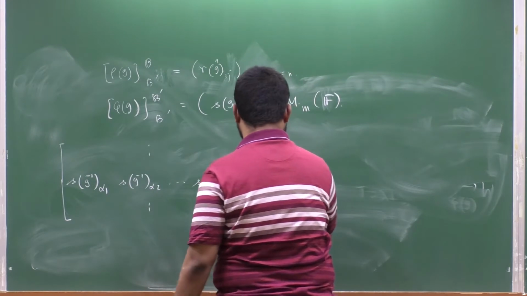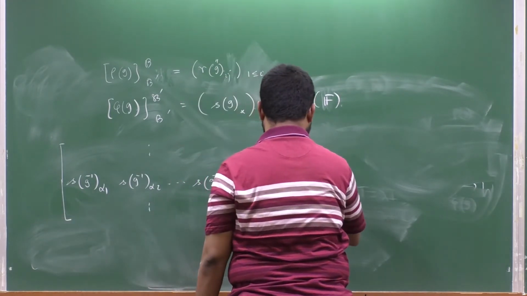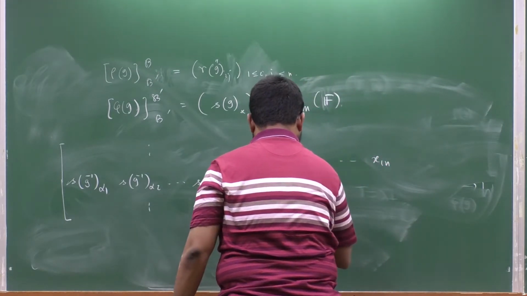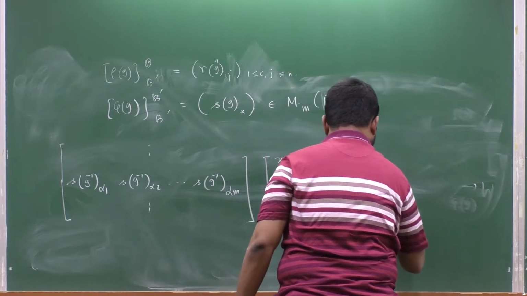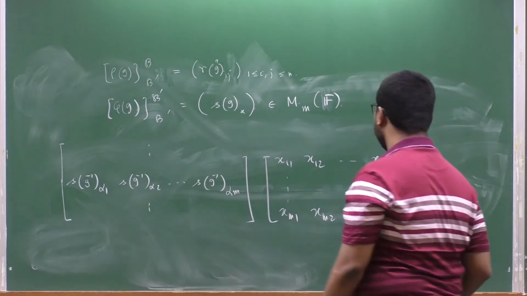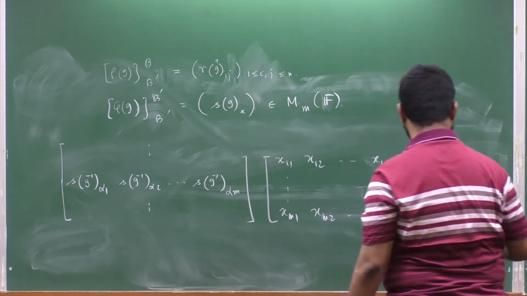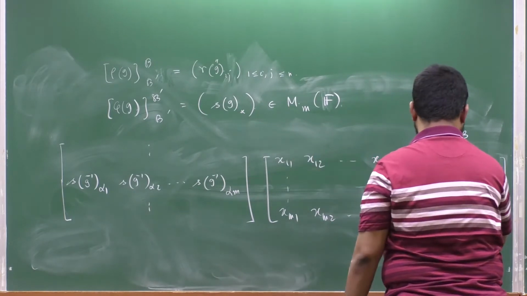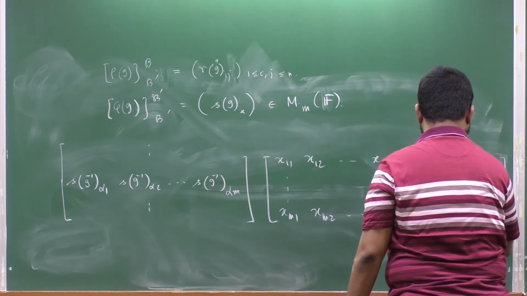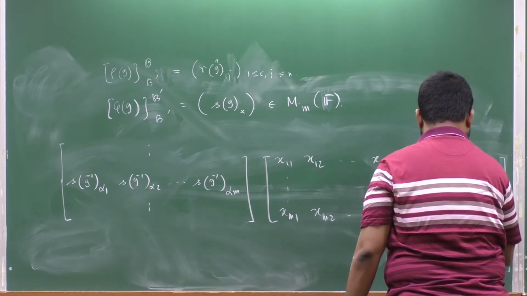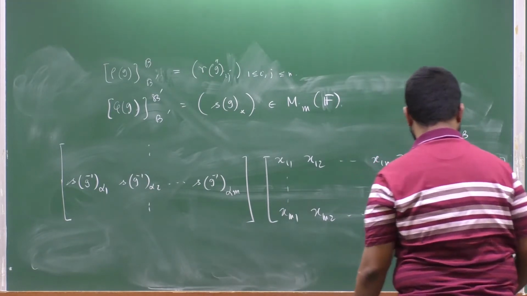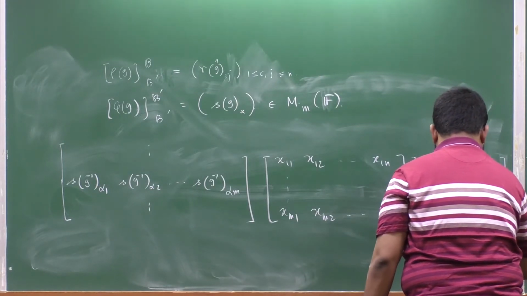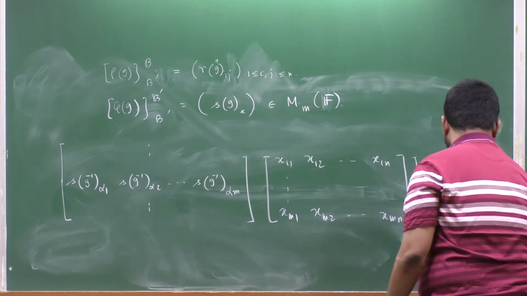Let us also compute that. This matrix is basically, according to our notation, x_11 up to x_1n, down to x_m1, x_m2, up to x_mn, and then we have this. So it is the beta-th column here: R_g 1 beta, R_g 2 beta, up to R_g n beta, right?